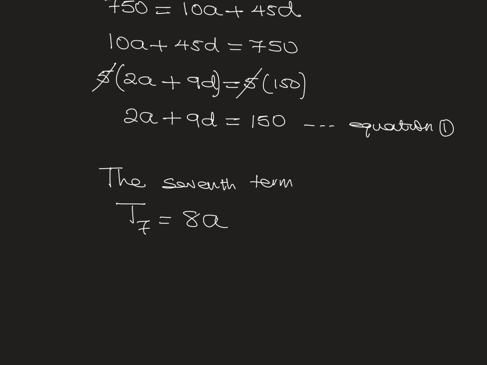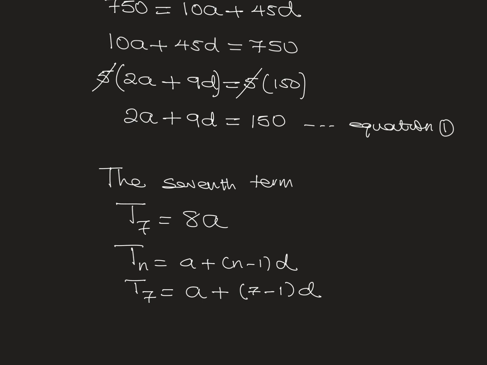That is, the first term times 8 gives the seventh term. But what do we know about the seventh term? Using t sub n is equal to a plus n minus 1 times the difference, the seventh term t7 will be a plus 7 minus 1 times the difference, because n is 7.